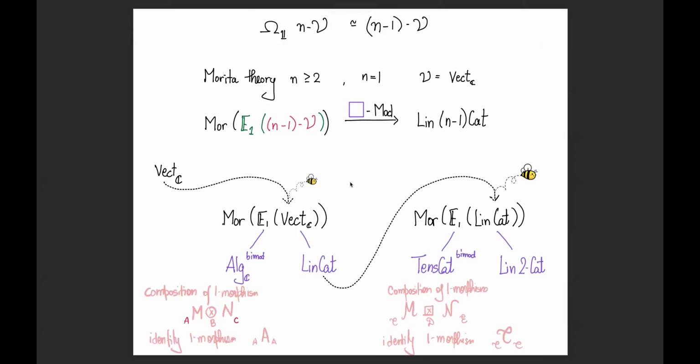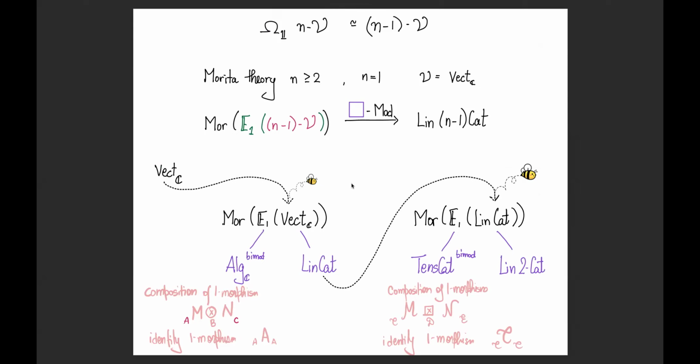So here I take vec, plug in vec, take E1 objects in vec, that gives me alg. I take the Morita category, that is the category of algebras, bimodule maps. And I can take rep of this thing and get the 2-category of lincats for nice enough things. And now I can plug in lincat again into this machine and get tenscat, and so on. I can keep doing it.